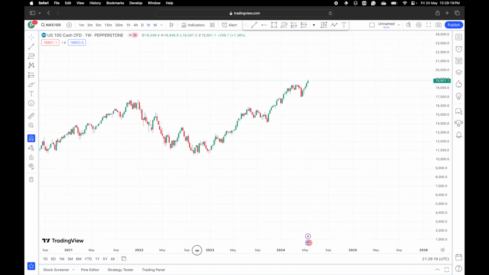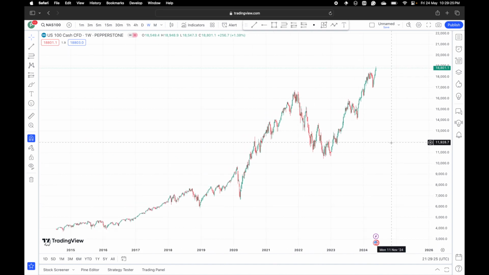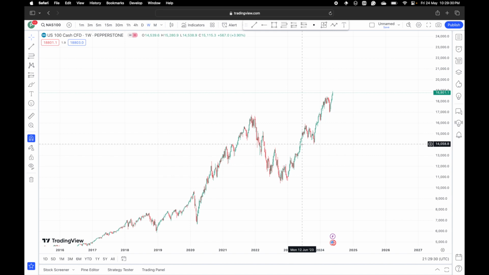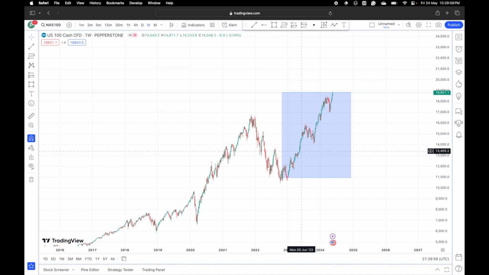So here on the weekly, it's still clear. It's clearly a bullish trend. For the sake of this video, I'll be interested in this trend from this point to this point, or from this low to this high. Let's start plotting our zones.